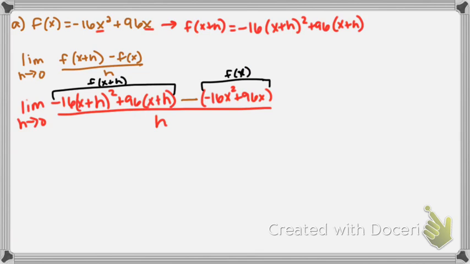All right, we have some distributing to do. I'm going to start at the back. I'm going to distribute the negative. I'm going to distribute the 96. I can't distribute the negative 16 until I square out that binomial. So if you know how to square a binomial in your head, go ahead and do that. If not, you write it twice and distribute.